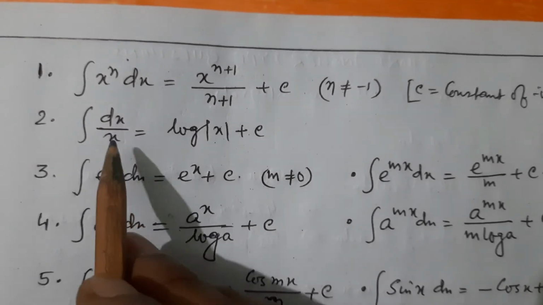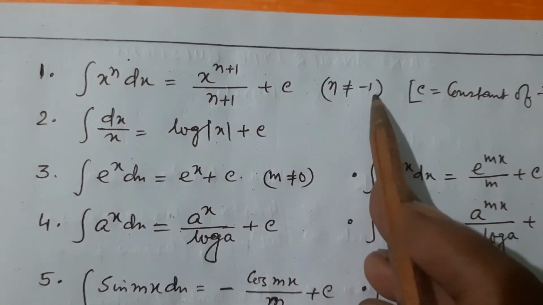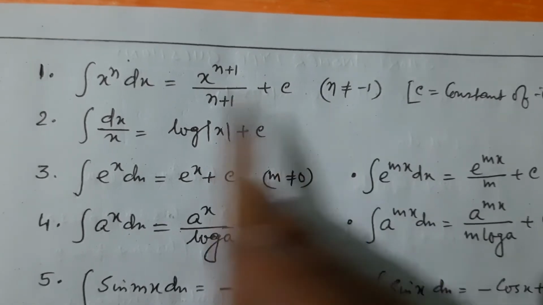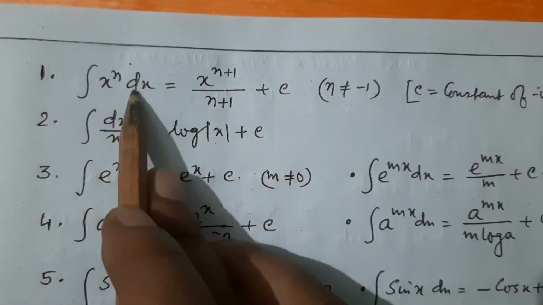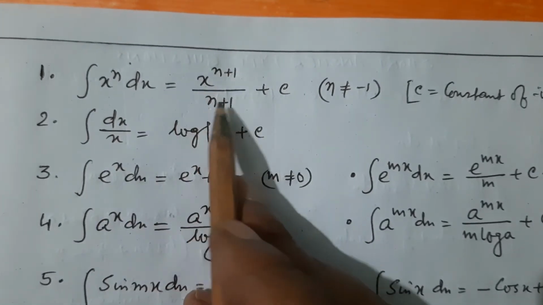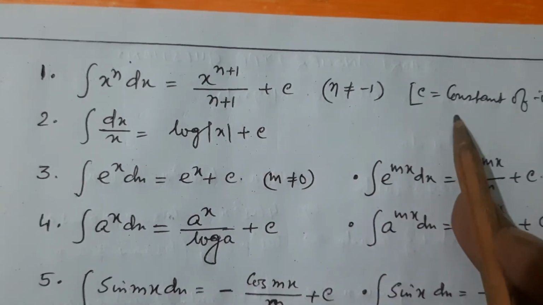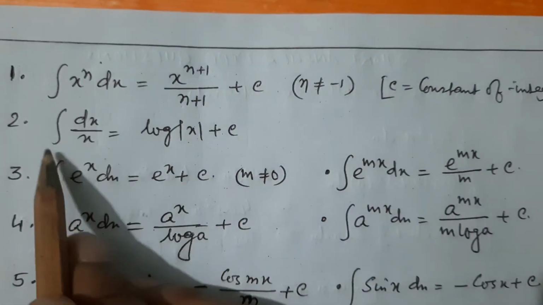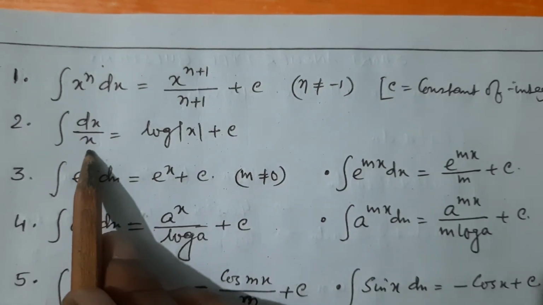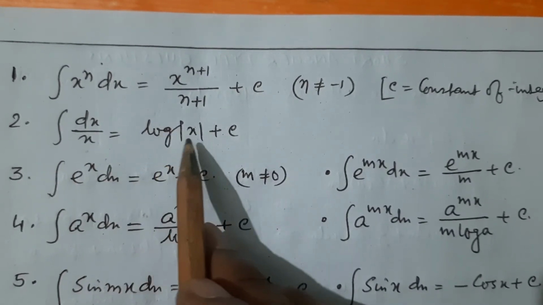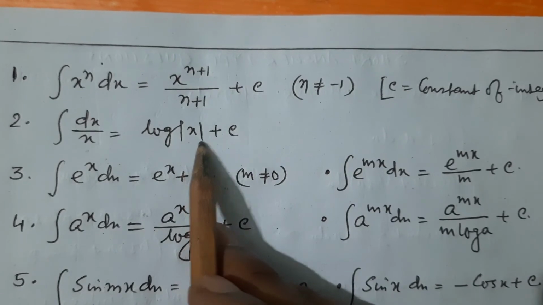If n not equal to minus 1 is a constant independent of x, then the integral of x to the power n dx equals x to the power n plus 1 by n plus 1 plus c, where c is the constant of integration. Second, the integral of dx by x, with x not equal to 0, equals log of mod x plus c.